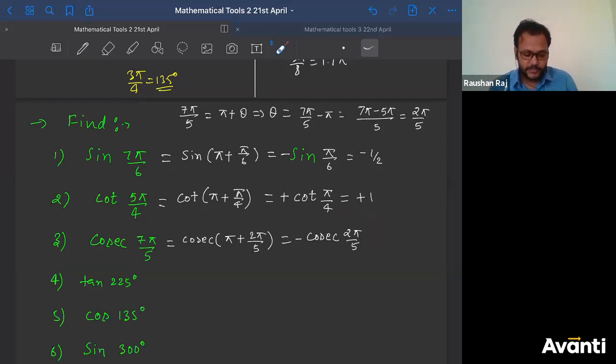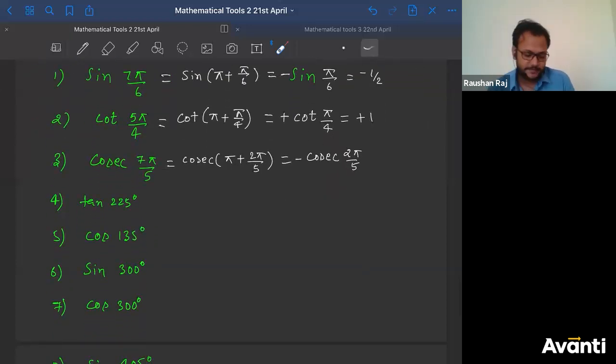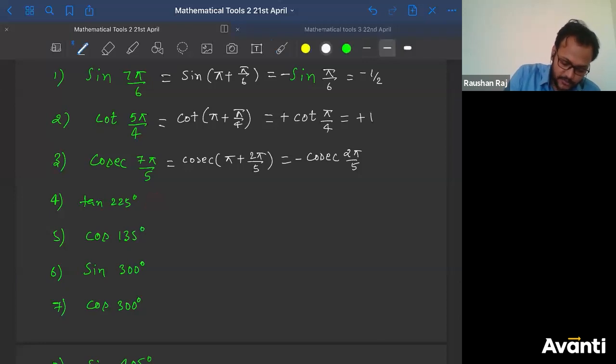Now let us go to the fourth question. I think if the angles are given in degrees, it will be easier for you to find the answer, right? So tan 225 degrees. How should I write this? You should convert this in terms of n pi plus minus theta. N pi plus minus theta means n is an integer, and pi is 180 degrees.